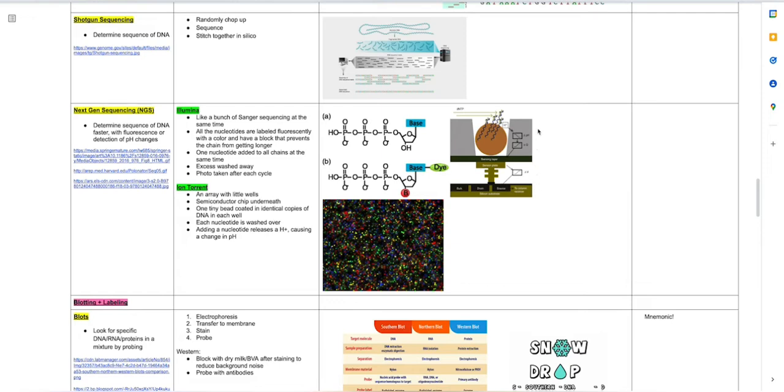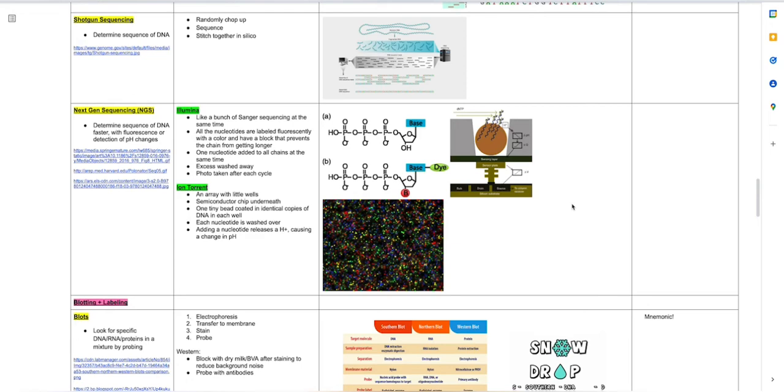So you wash a bunch of adenines over, then a bunch of thymines over. When the reaction to add a nucleotide happens, it releases an H+, a proton. This causes a change in pH in each of these little wells that the chip can detect.